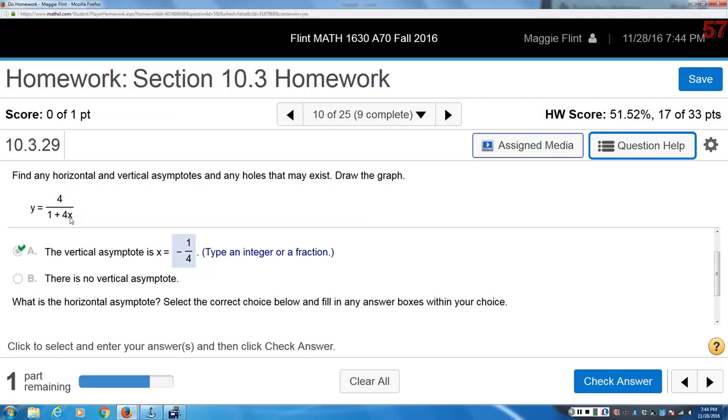How does the value of 4 over 5 compare to 4 over 41? Smaller. What about 4 over 401? Smaller. 4 divided by 4,001. What happens? Smaller. What about 4 over 4,000,001?